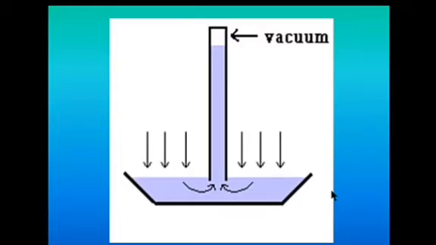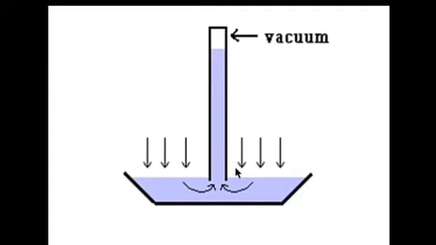Atmospheric pressure is measured by using a device called a barometer, which was invented by Torricelli. The height of the mercury column will rise depending on the atmospheric pressure. The height of the mercury column is around 76 centimeter of mercury at the sea level.